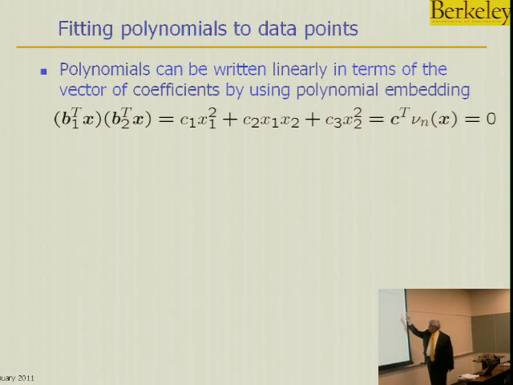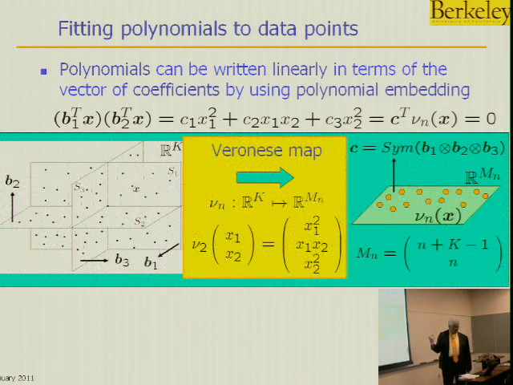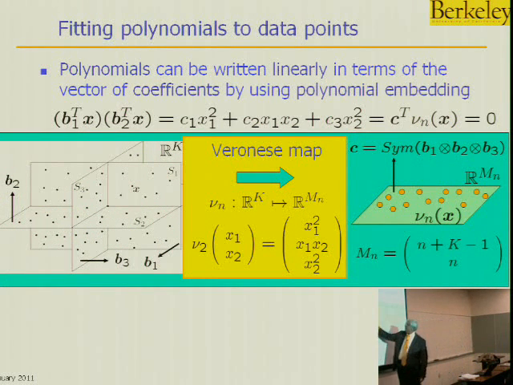And that is why these Veronese things that Alan talked about, which I will also talk about, really correspond to all the homogeneous polynomials of order n. So in this particular case, if the ambient dimension was 2, and you were looking at all homogeneous polynomials of order 2 in 2 variables, you'd have x1 squared, x1 x2, and x2 squared. And n was 2. This 2 stands for the homogeneous polynomial of order 2.